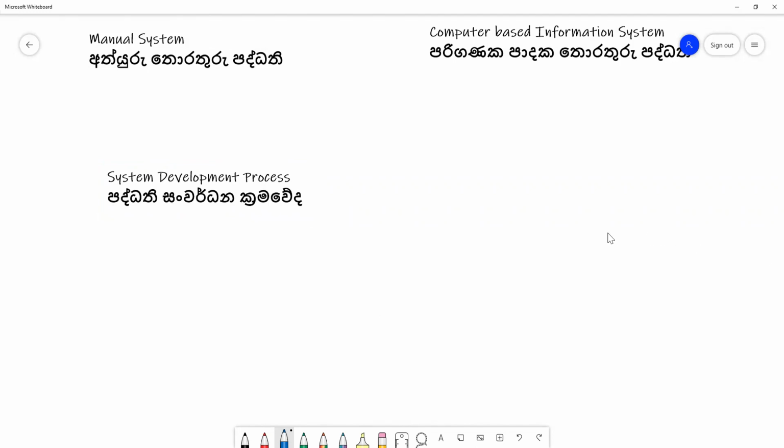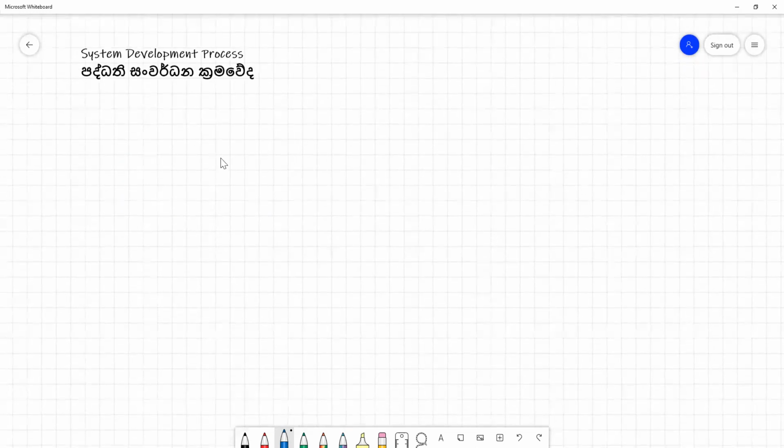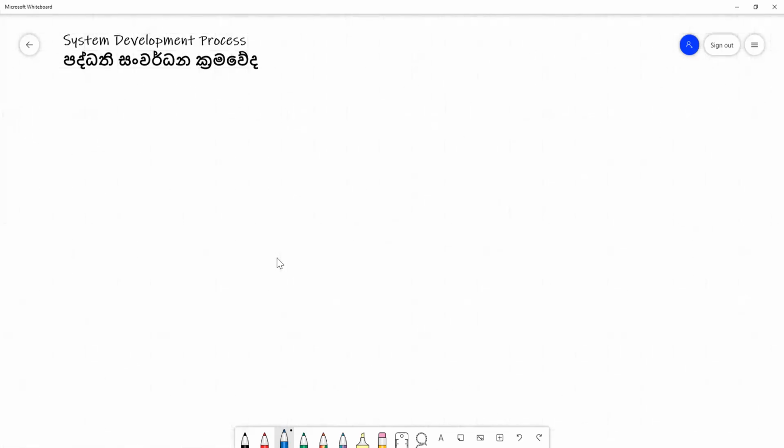There are many ways that you can design a system. But there are a few steps. These steps, it's called a cycle, right?